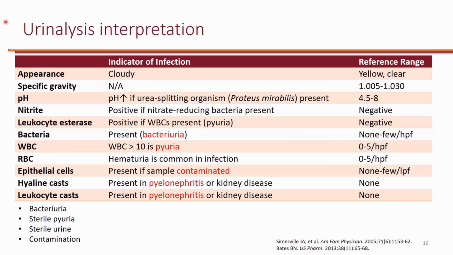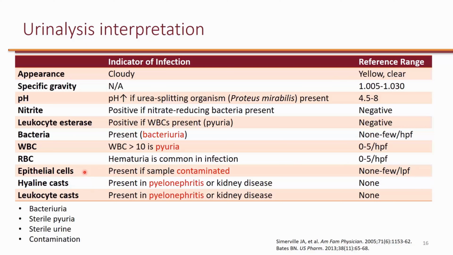However, note that in a urinalysis, if you do find bacteria, this could be due to contamination. So this may not necessarily be bacteriuria, it could be just contamination. The way that we check for contamination is that we look at epithelial cells. Epithelial cells are from the skin, so you shouldn't have them in the urine.